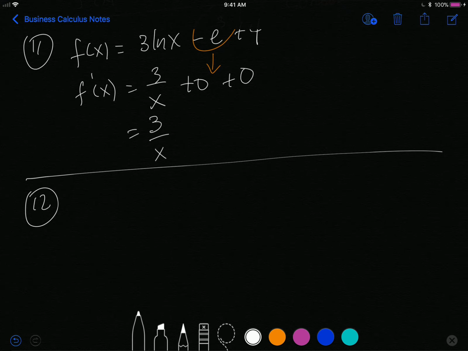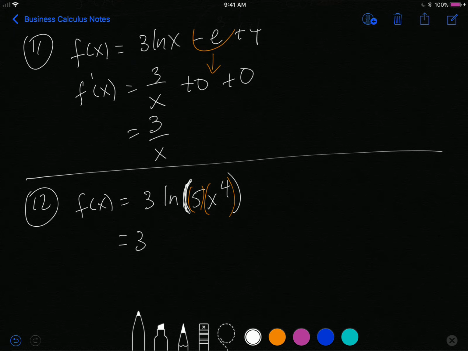Number 12, I have f of x is equal to 3 times ln of 5x to the 4th power. First, we use our properties of logarithms. When we have two terms being multiplied together, each of them split into their own logs.